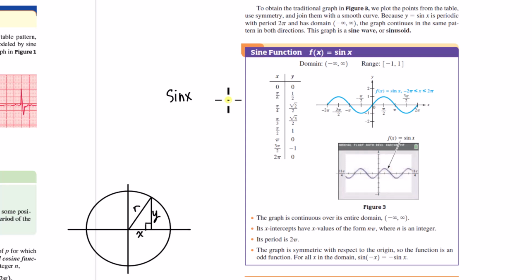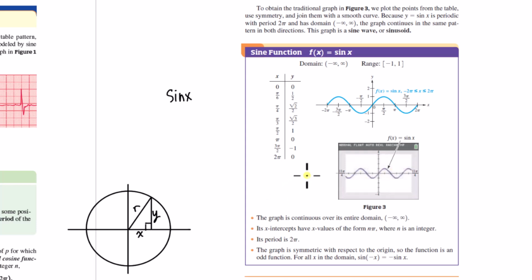Just keep that in mind. We talked about its domain, its range. The x-intercepts of sine x repeat every pi. So it's n times pi, where n is any integer, positive or negative. That's where the x-intercepts are going to be on the sine graph.